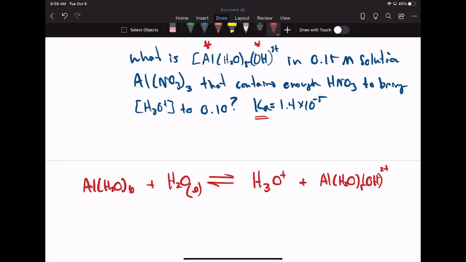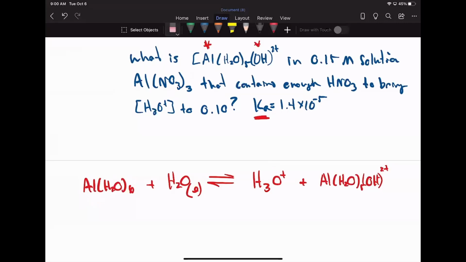So now I have my reaction, and this reaction was based upon me knowing the Ka. If I only knew the Kb, we'd have a much different reaction, because I'd have to replace this with hydroxide, and then I'd have this over here.